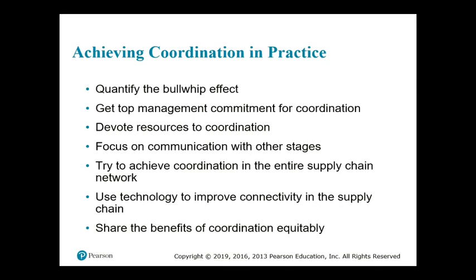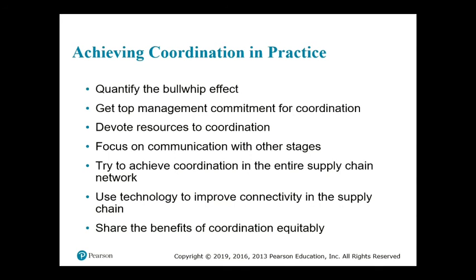And the full benefit of the coordination is achieved only when the entire supply network is coordinated. However, it's often very, very challenging to achieve. And technology is helpful to improve connectivity and collaborations.